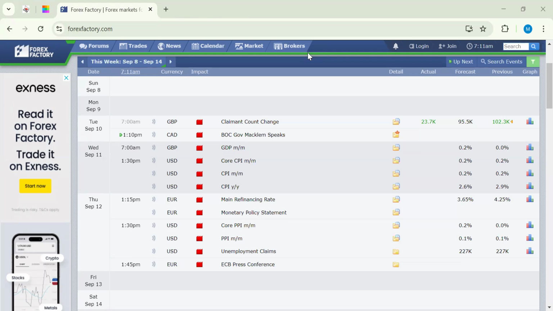GBP news already happened by 7 a.m. The next news we're going to be expecting is by 1:30 p.m., which is going to be on the Canadian dollar. Though on this news, we don't have the previous, we don't even have the forecast. So we'll just have to wait for the actual. So at 1:30, stay active on trading the Canadian dollar news.